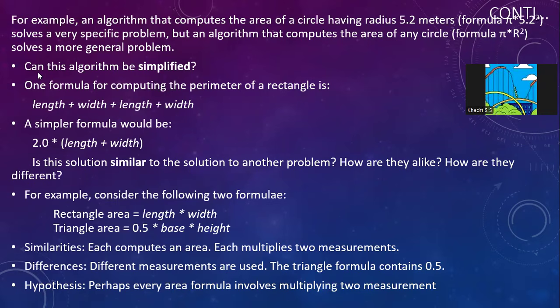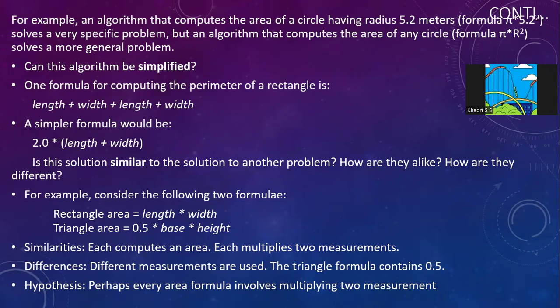Let us take this: can this algorithm be simplified? One formula for computing the perimeter of a rectangle is length plus width plus length plus width, and a similar simpler formula would be 2.0 into (length plus width). Is this solution similar to the solution to another problem? These are the questions that should arise when we are computing the area of the circle.